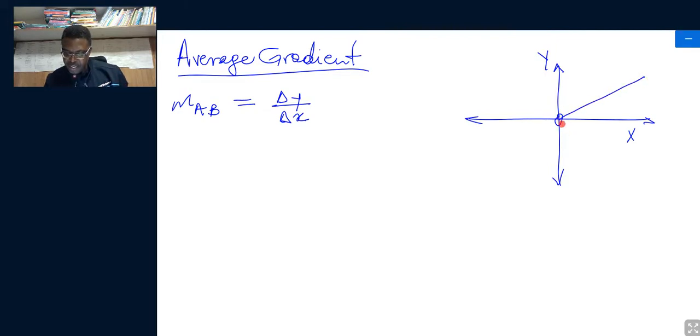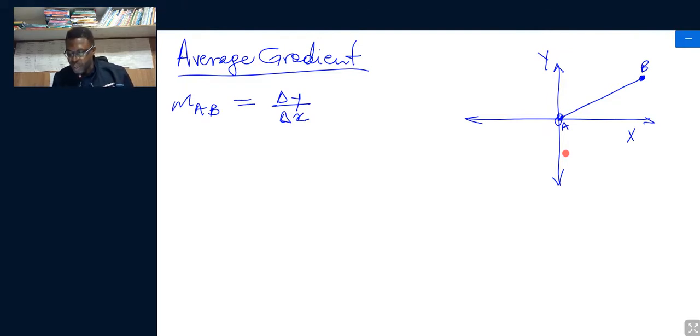This line starts at point A up to point B. We know that the x and y axes form what is called a Cartesian plane. We always map x and y coordinates. Each and every point on the Cartesian plane has its reference with respect to x and y.